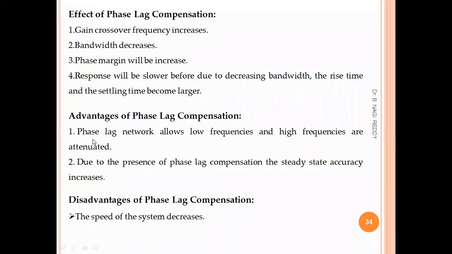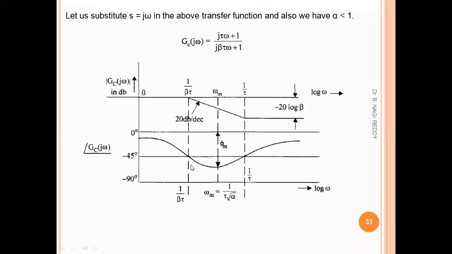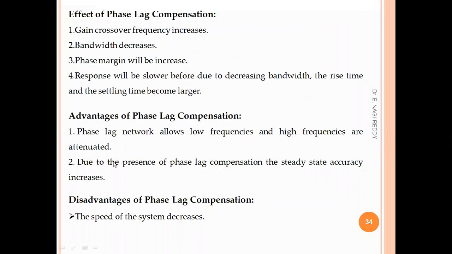Coming to the advantages, this phase lag network allows lower frequencies and higher frequencies to be eliminated. You can see here, if we consider this is the bandwidth, the lower frequencies are eliminated and the higher frequencies are also eliminated. So this is one of the advantages. And because of this lag compensator, we can increase the steady state accuracy.